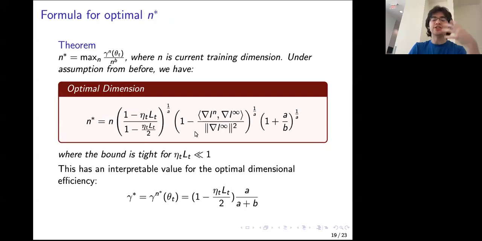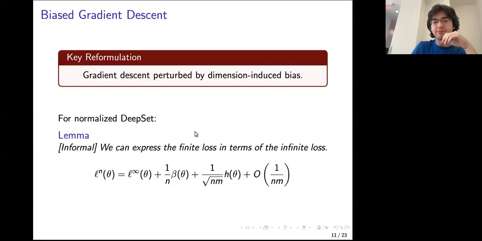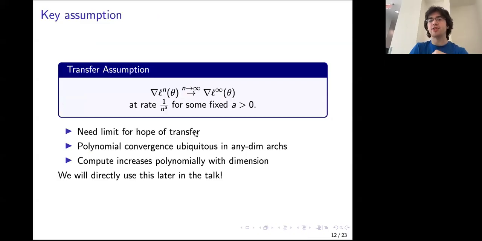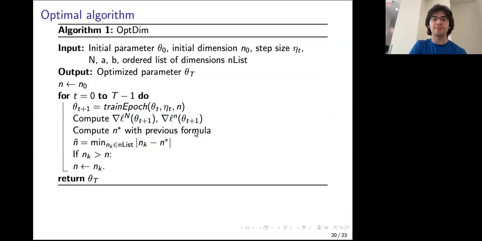Now, here's a theorem we have about the optimal n star. When n star is the solution of this maximization, where n is the current training dimension, and under a couple of assumptions that I'm not going to go into in this talk, we can explicitly compute the value of n star. It gives us a relation in terms of these quantities A and B, where A was the assumption we made on the rate that this gradient decays, and B is the polynomial scaling of the compute.